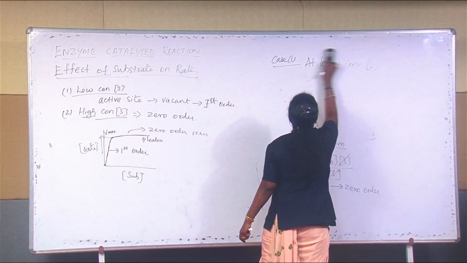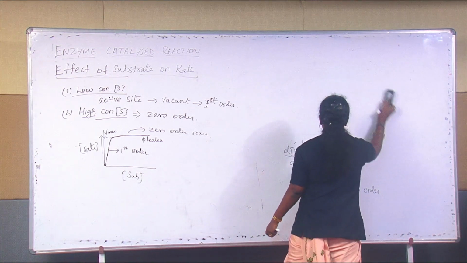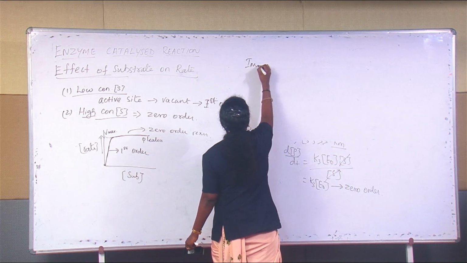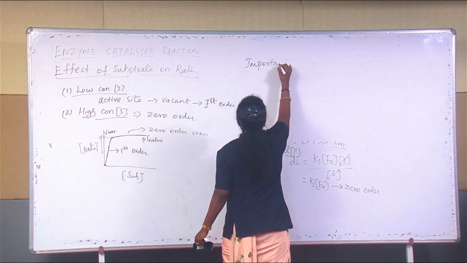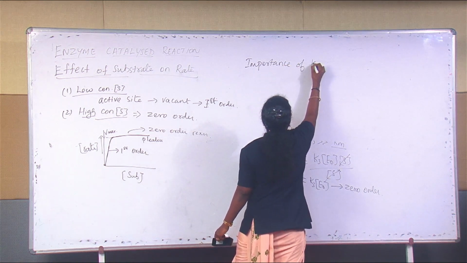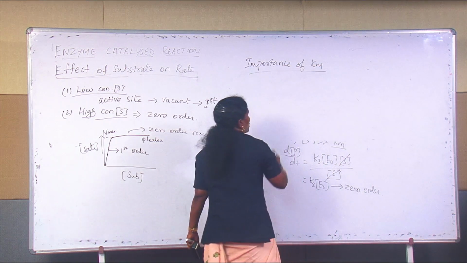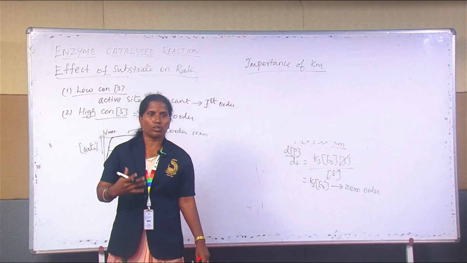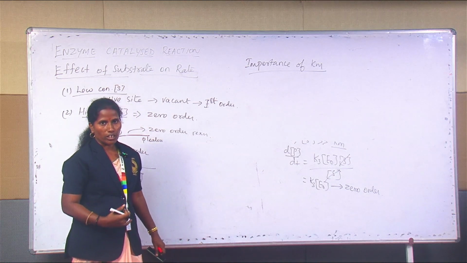The Km also we are going to calculate. So the Michaelis Menten equation, all the enzymes are converted into product. There is no free enzyme.